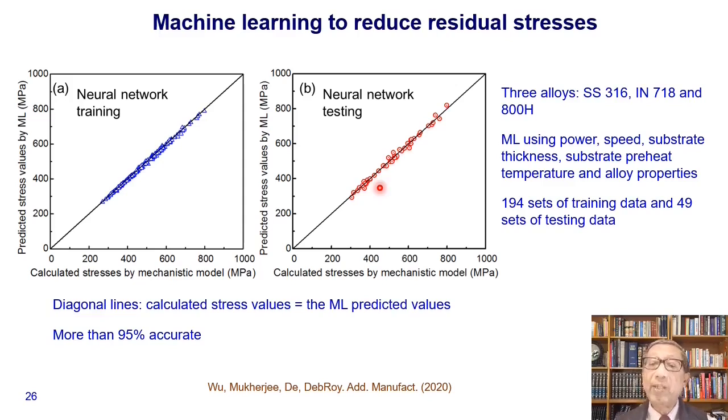For each set of data, we use Abaqus to run and give us the maximum longitudinal residual stress, and then we develop a correlation between the maximum longitudinal residual stress and the raw variables.